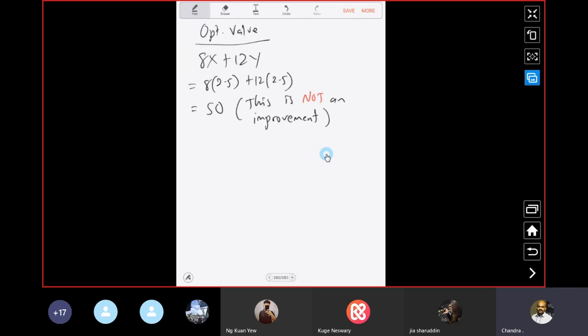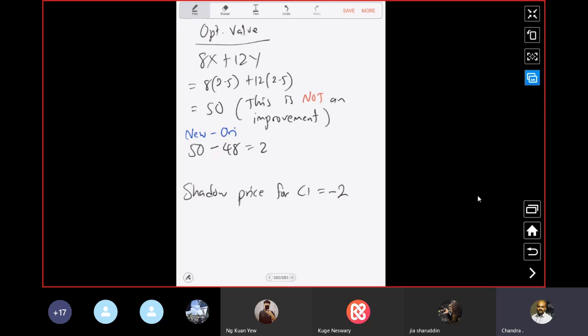So if you increase 1 unit in the resource, your costs go higher, in the binding constraint. So this is not an improvement. How much does it increase your cost? By 2 ringgit. Now your shadow price for C1 is not 2, it is negative 2.